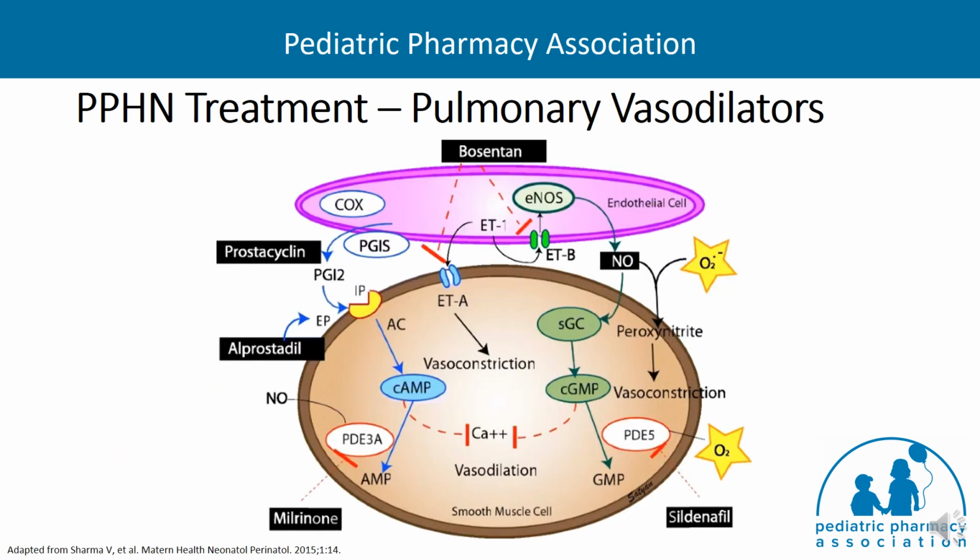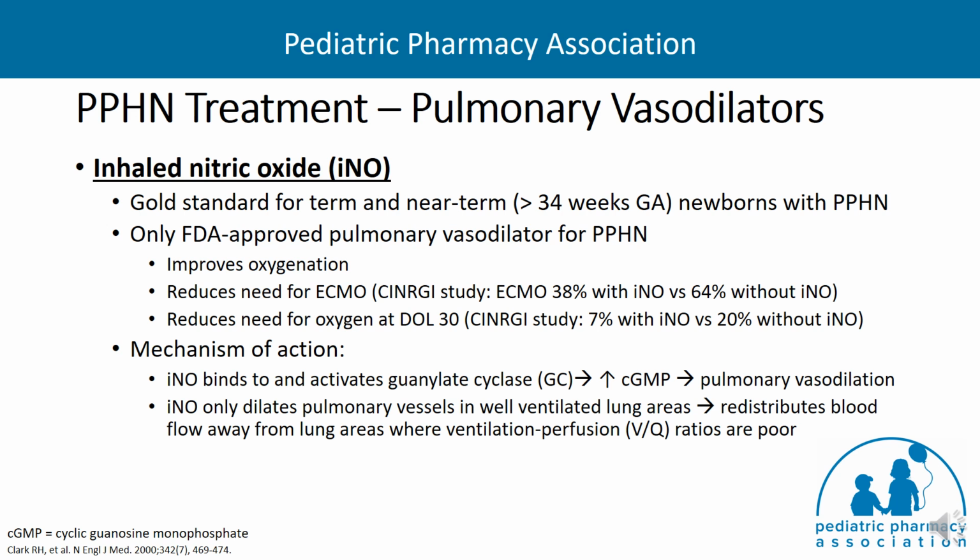Next, we'll move on to pulmonary vasodilators, which through various mechanisms of action result in reduced pulmonary vascular resistance and allow increased blood flow through the lungs. First, we'll start with inhaled nitric oxide. The use of iNO therapy is currently the gold standard for term and near-term newborns with severe hypoxic respiratory failure, and it is currently the only FDA-approved vasodilator specifically for the treatment of PPHN.